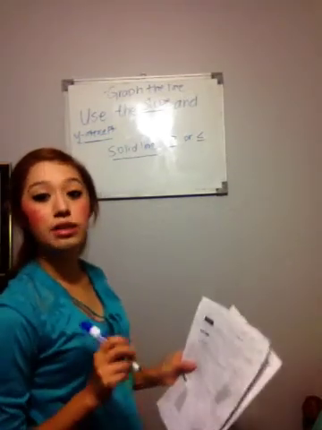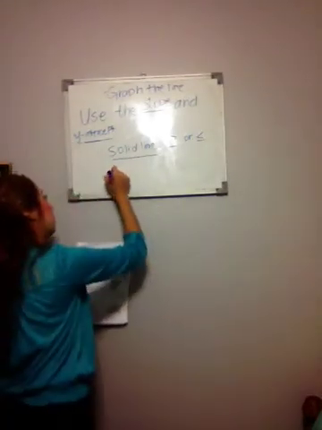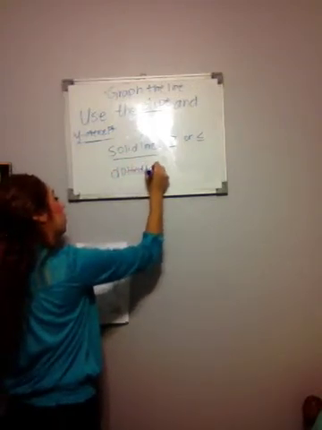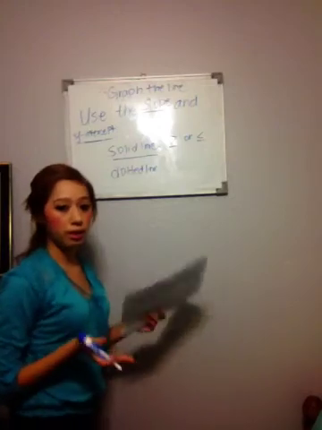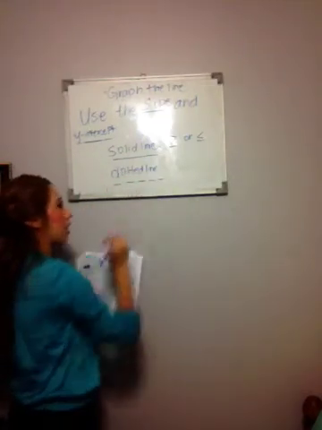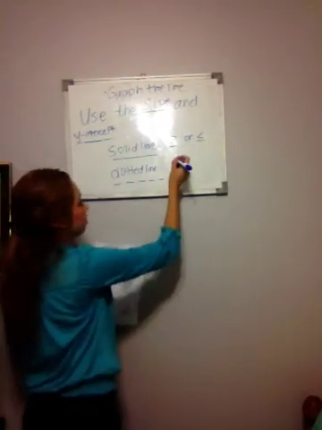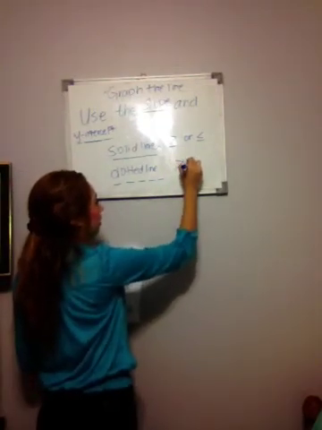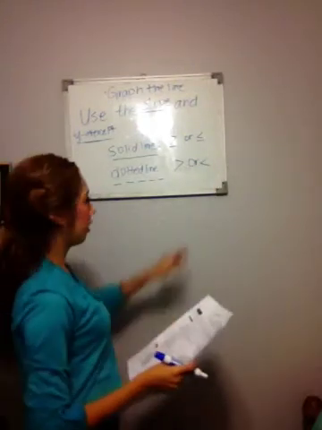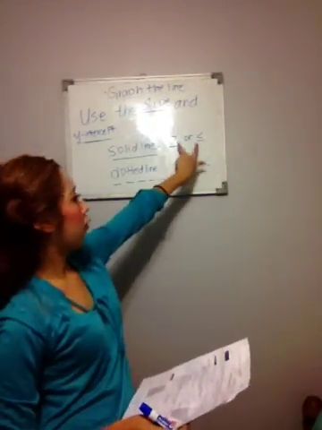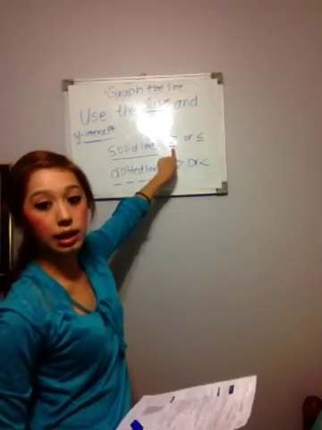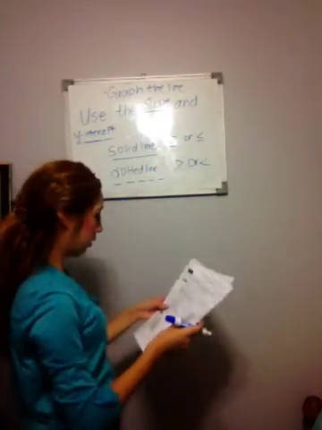And you use a dotted line, dotted or broken, whatever you want to call it, for these two signs, a greater than or less than sign. These are different from these because these have a line under it, meaning equal to. Okay?